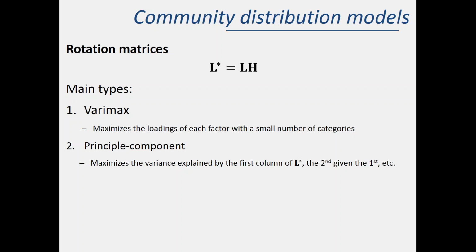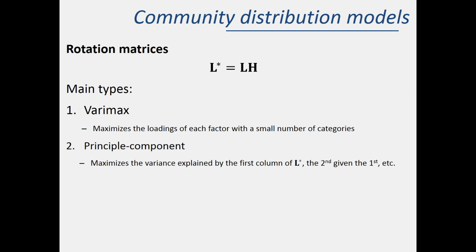Varimax maximizes the loadings with a few core species for every factor and minimizes all the other loadings. And technically it does that by maximizing the sum of the square of the elements of L for every species and factor.